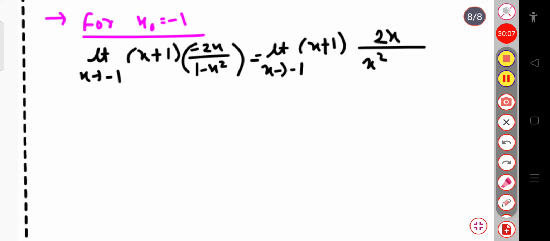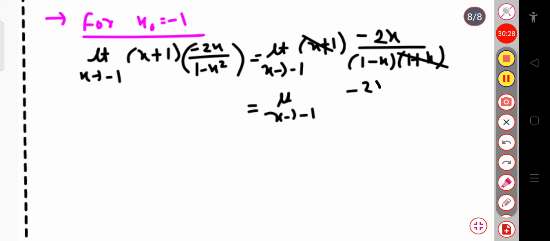Or simply, if I directly write minus 2x divided by a square minus b square form, that is 1 minus x into 1 plus x, this x plus 1 and this x plus 1 get cancelled. That is equal to limit x tends to minus 1 of minus 2x divided by 1 minus x.